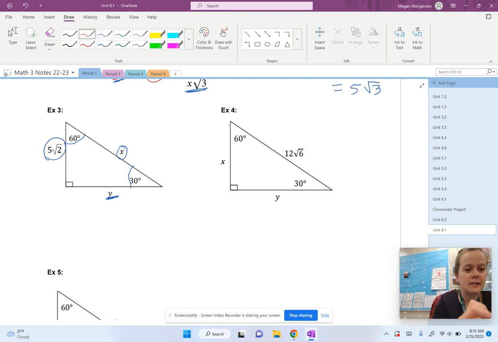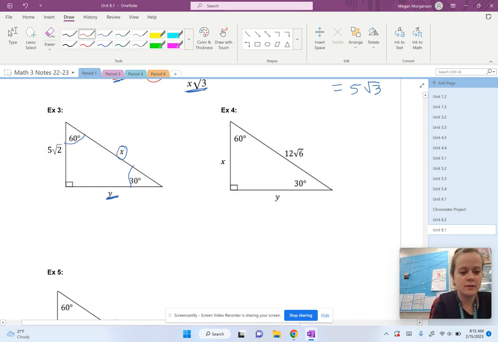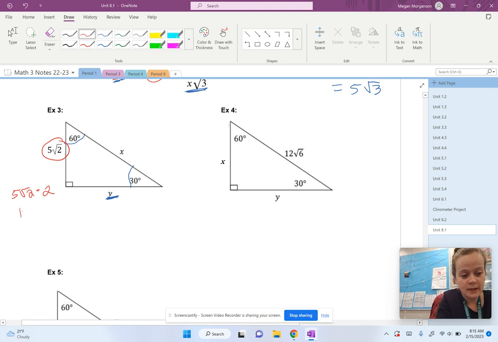Okay, so let's do this here. I think it's going to be easiest to find the hypotenuse first, so let's do that. Remember, the hypotenuse is always the short leg times 2. This is our short leg, so all we're going to do is 5 root 2 times 2. The 5 and the 2 you can multiply together, and you get 10 root 2 for your hypotenuse.